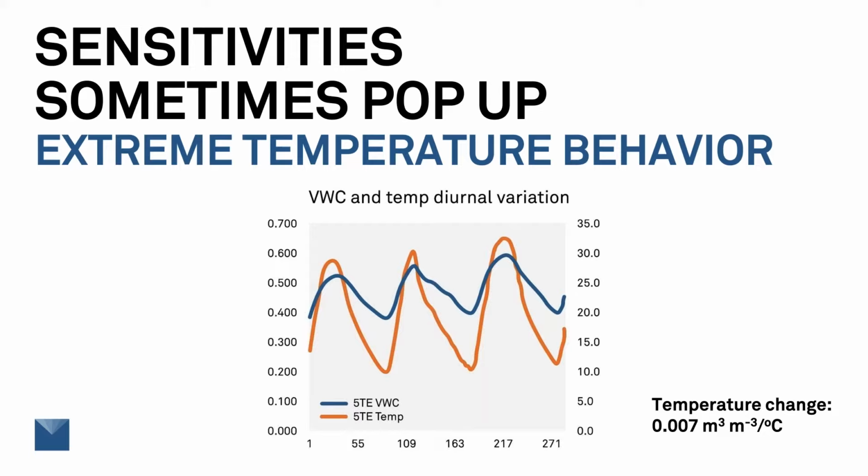That's not common. It should be at least an order of magnitude less than that. But when you see this kind of thing, there's probably something going wrong with the sensor that needs to be looked at more clearly, because that's not expected. We shouldn't see such clear patterns of temperature on the water content sensor. There could be something else going on. Sometimes that's possible in the field, but I'd be a little suspect of these data.